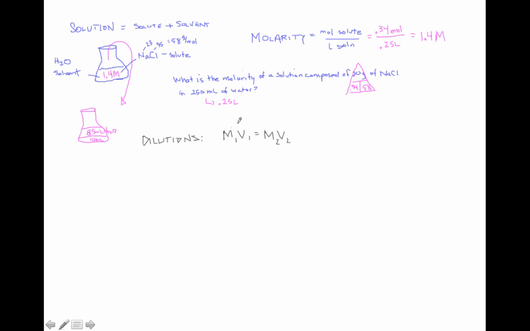Big M are the molarities. V are the volumes. All right, I'm asking you, what is the new molarity? So that's going to be the M2.